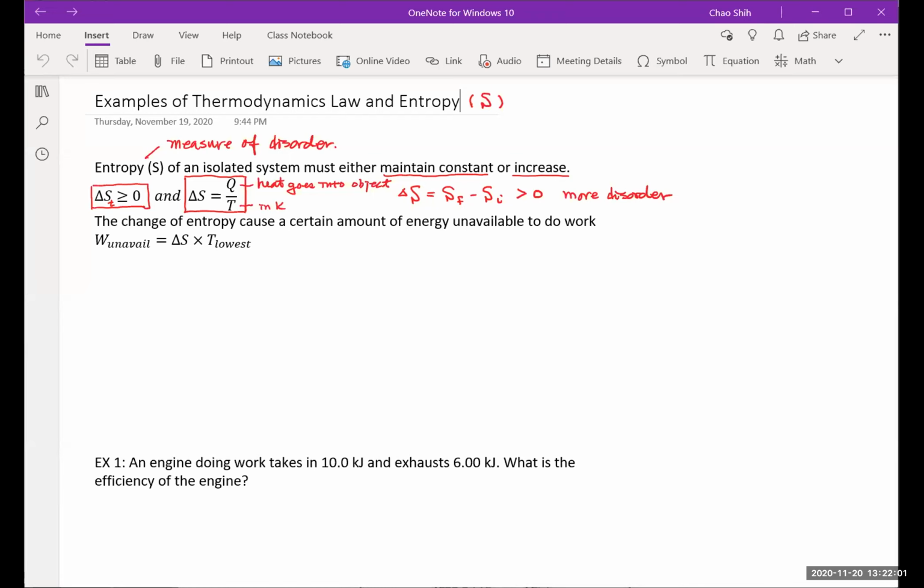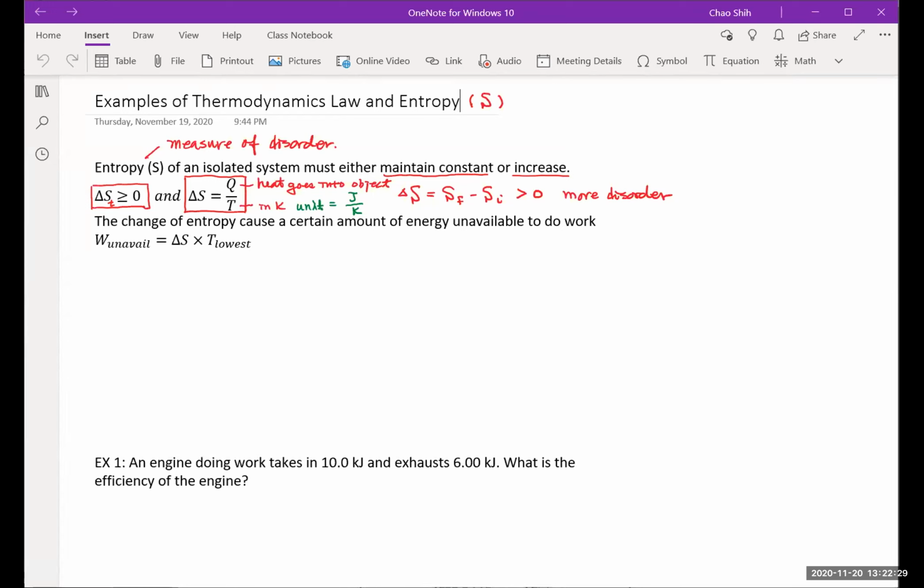If you use Celsius to do the calculation, the answer will be totally different. That will be totally wrong. So make sure that you do that. Now this S also has units. If you look at the equation, you should know the unit is going to be joule over Kelvin. So entropy has a unit of joule per Kelvin.